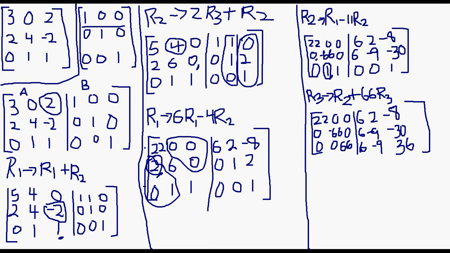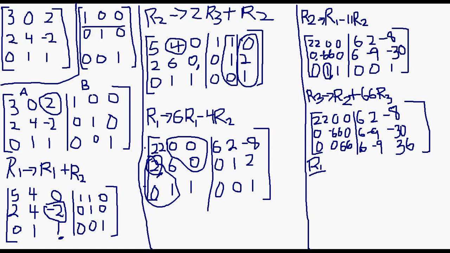So what we are going to do is work on row 3. We are saying 66 row 3 again. Row 2 plus 66 row 3.